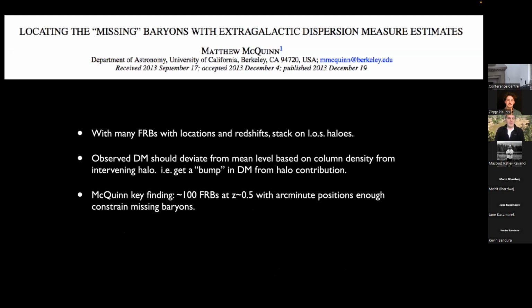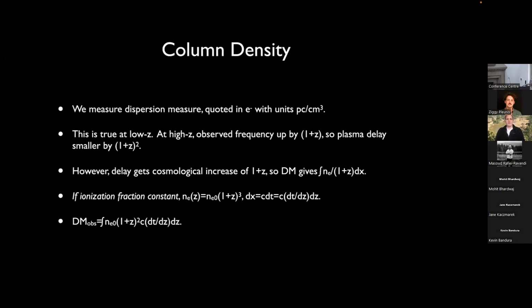I was going back and looking through the literature, and the first copycat paper of this one came out within another month or two. So it happened very quickly. I'll come back to this a bit later on. But again, like Charles said, 100 FRBs might be enough to do it.